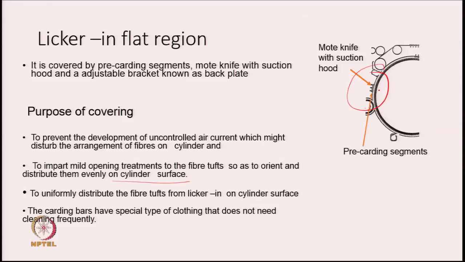That is one of the purposes why we have a carding plate over here. In this zone little space is available, and we make use of this space for further opening of the tufts before they are introduced into the very narrow gap between cylinder and flat.